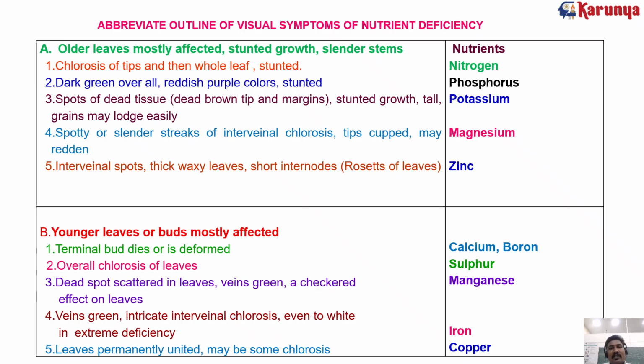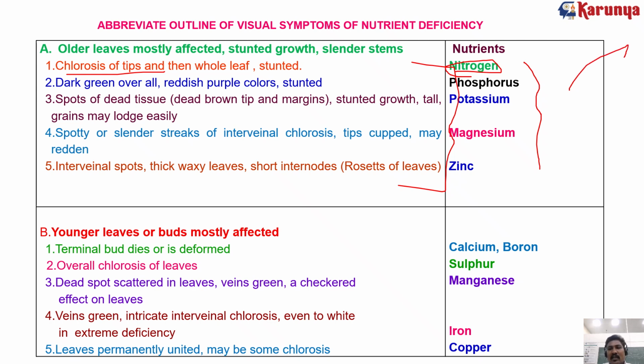Abbreviated outline of visual symptoms of nutrient deficiency. See here, they have indicated the type of nutrient, and on this side they have shown how the deficiency symptoms will appear. First one is nitrogen: chlorosis of tips and the whole leaf stunted.